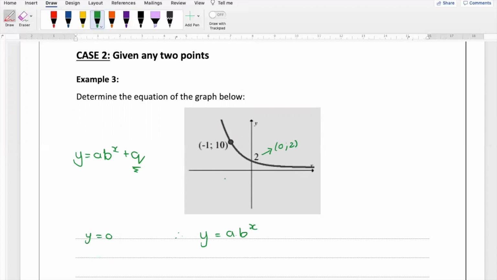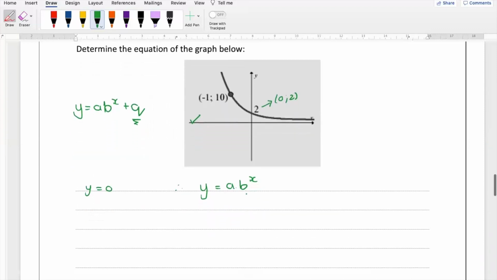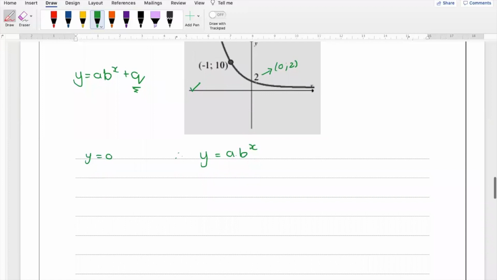So there you go. We've used one piece of information that you might not even have seen that they gave us, which is the horizontal asymptote. Okay, so let's use the other bits of information. Let's try this y-intercept. Let's substitute that point. So let's substitute the point 0, 2, and we'll see what we get.